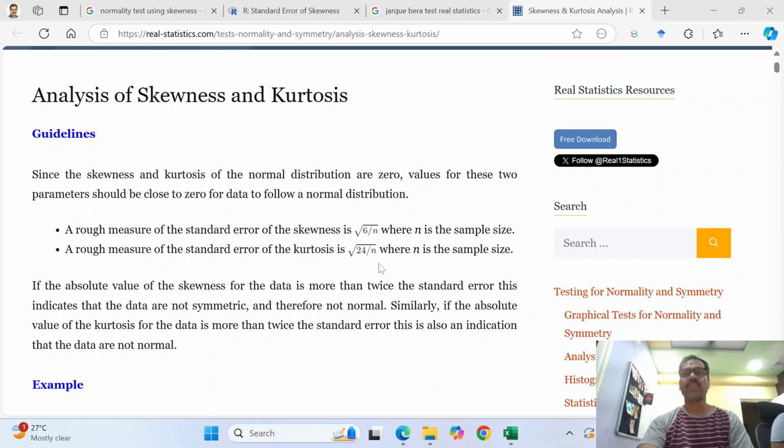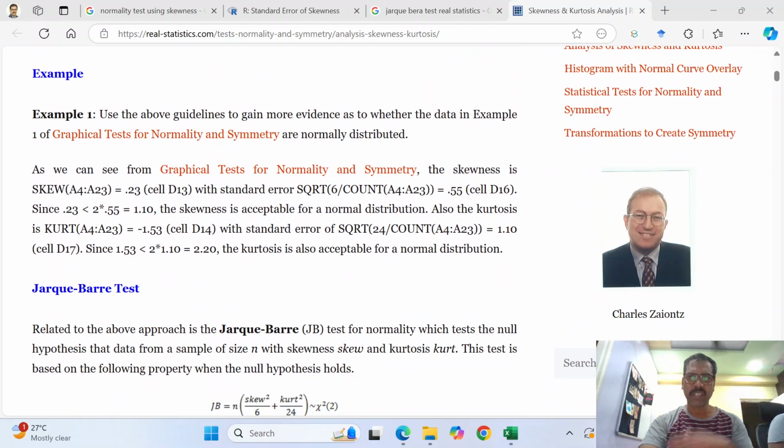That is the formula. When I divide the skewness or kurtosis by the respective standard errors, that measure is roughly equal to a z statistic. So we transform the skewness and kurtosis measures into respective z statistics.